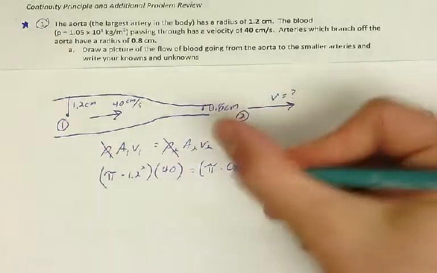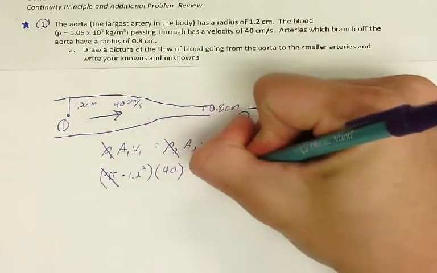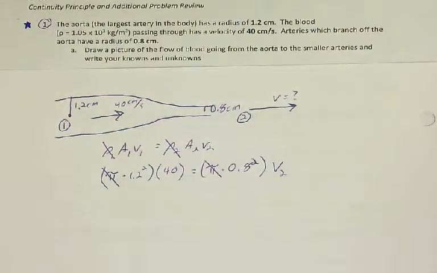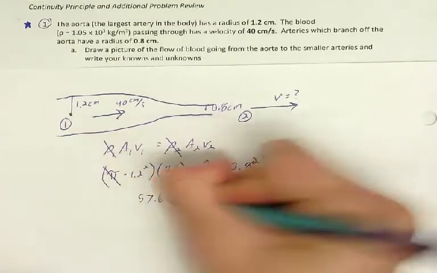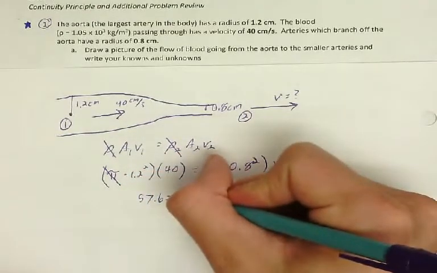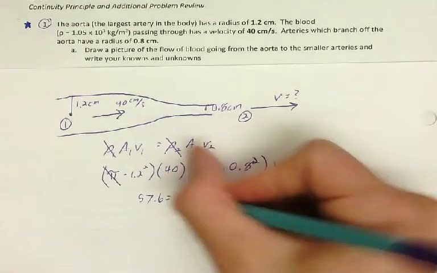I also notice that pi is on both sides, so I'm going to cancel out pi. So 1.2 squared times 40 is 57.6 equals 0.8 squared. Should be 0.64. Yep.